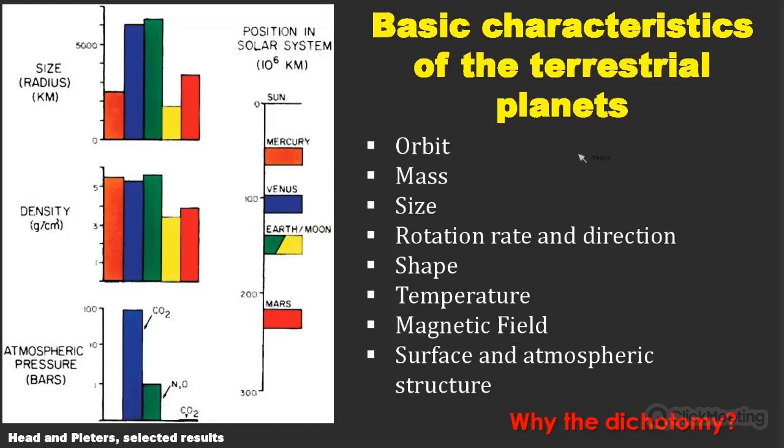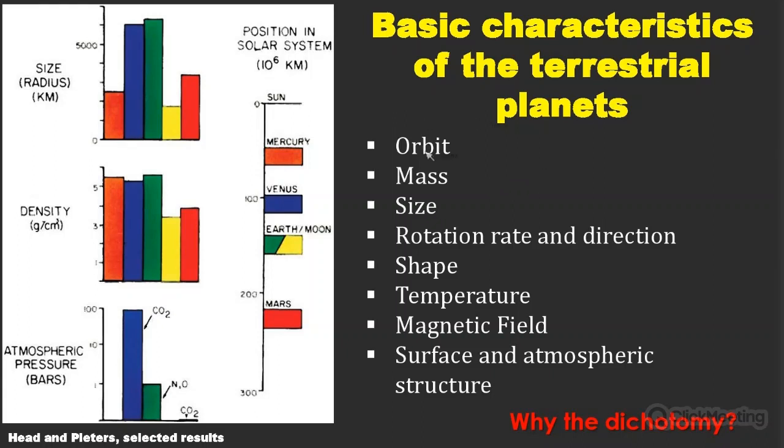For the basic characteristics of any planet, as a first step we want to know its orbit, its mass, size, rotation rate and direction, its shape, temperature, magnetic field, surface, and atmospheric structure. This set of information gives us in-depth knowledge about the initial conditions in which this planetary body formed.